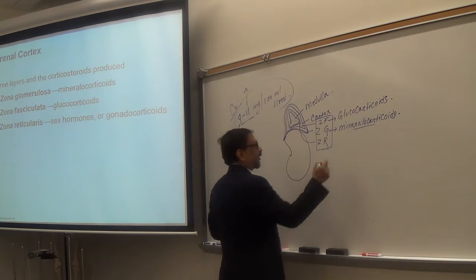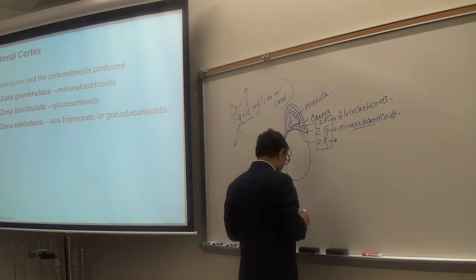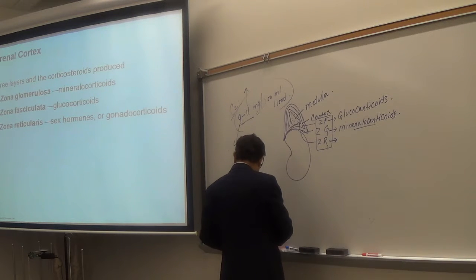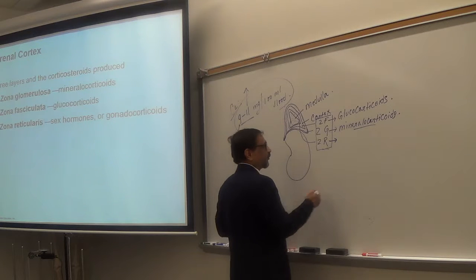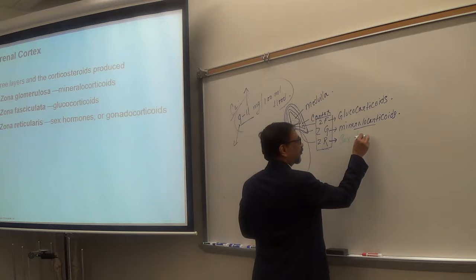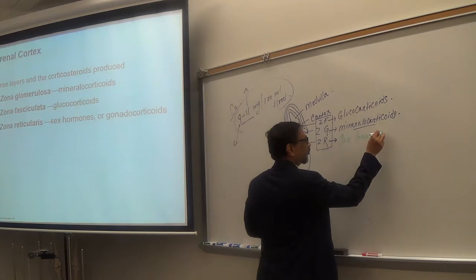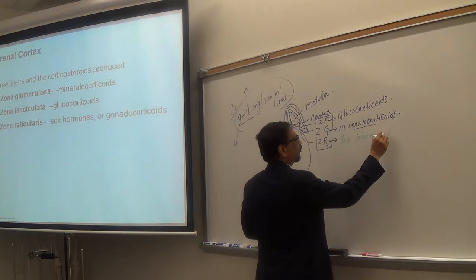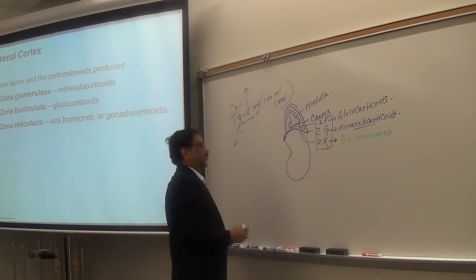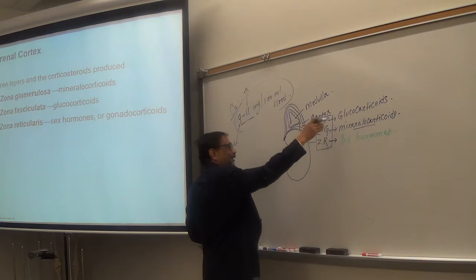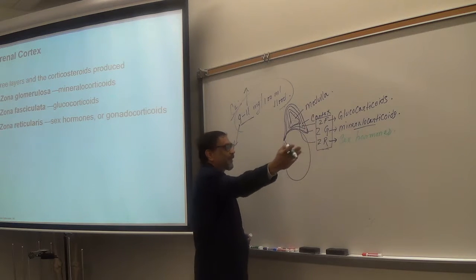And zona reticularis, the innermost one, produces the hormones called sex hormones. Okay? Sex hormones. So you see that the 3 layers of the adrenal cortex work as 3 different glands that produce 3 different types of hormones.